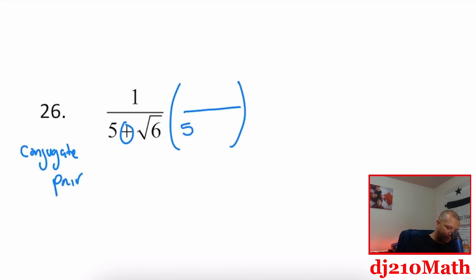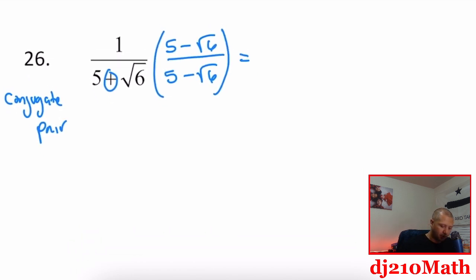I'm going to multiply by 5 minus root 6, top and bottom. When you're multiplying fractions, you multiply straight across. So this is going to distribute. That's nice. 1 times anything is itself. So that's nice on top.